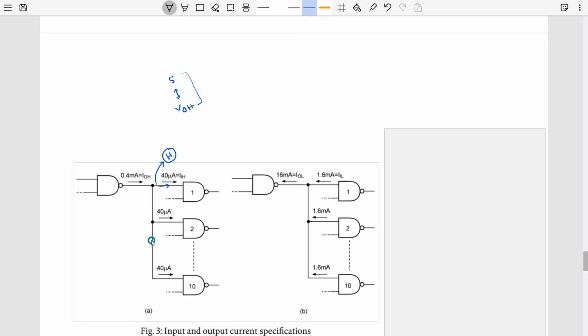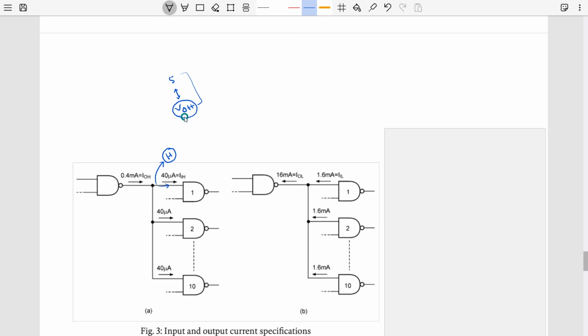That is not complete. We have to take a specific voltage, and based on that voltage, define what is the maximum current it can draw, it can intake. That will be a specific parameter we can use in the datasheet, right? So that voltage we actually take as VOH.